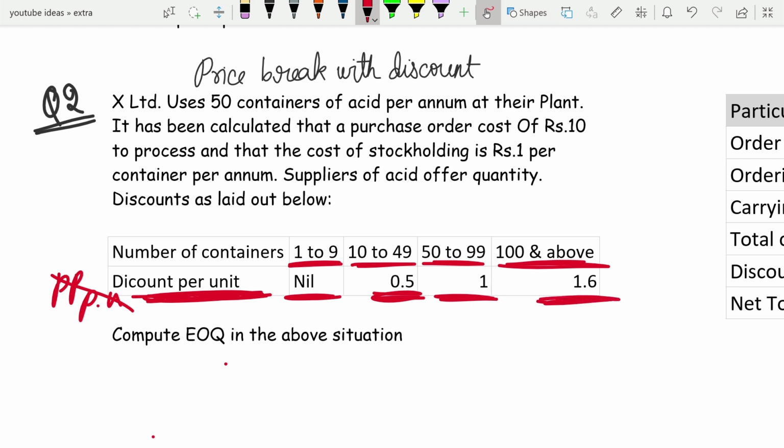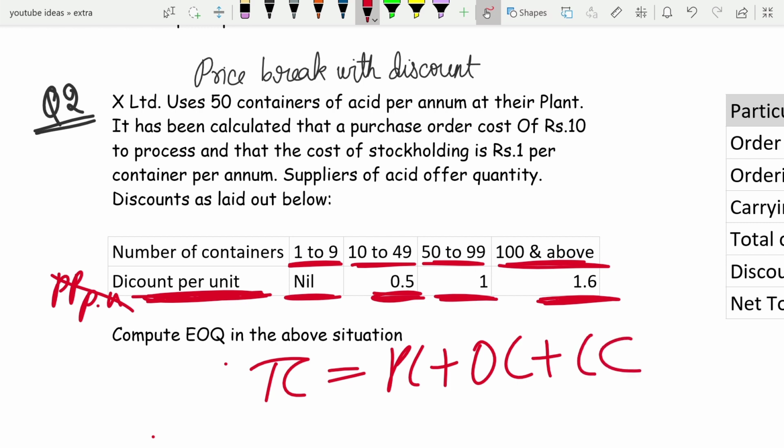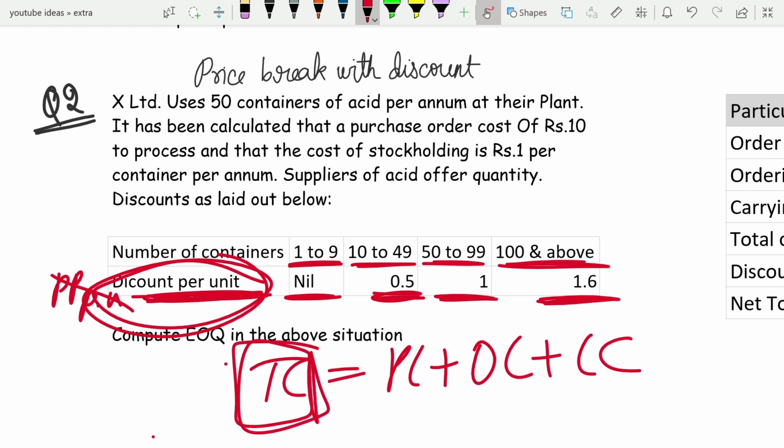So here in such a situation, what will you do? In the last case, how did you find out your total cost? You did purchase cost plus ordering cost plus carrying cost, correct? Now, in such kinds of questions where discount is given, you have to find out this total cost, like how you found out in the last sum.